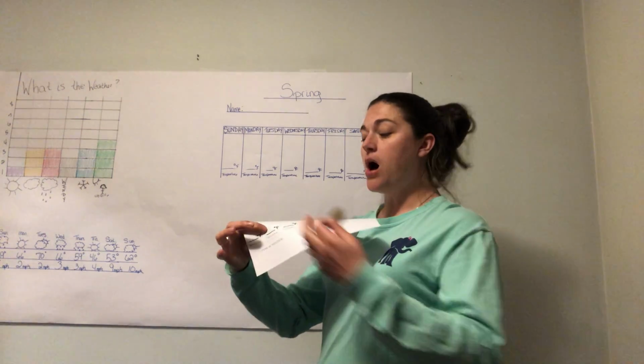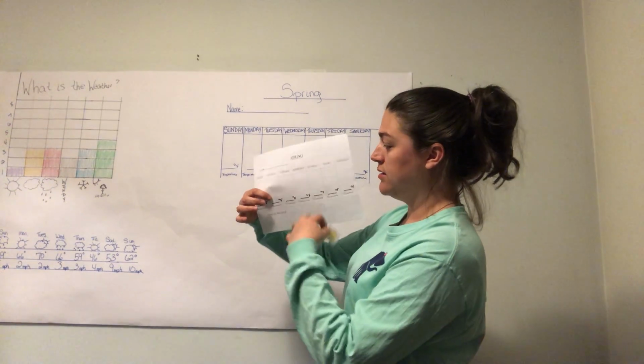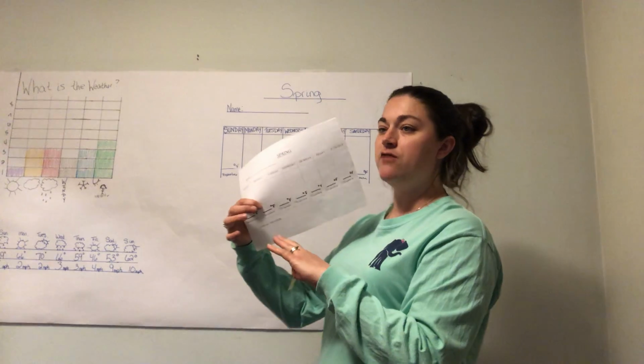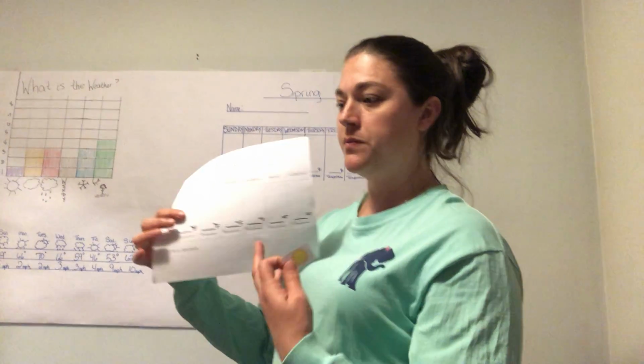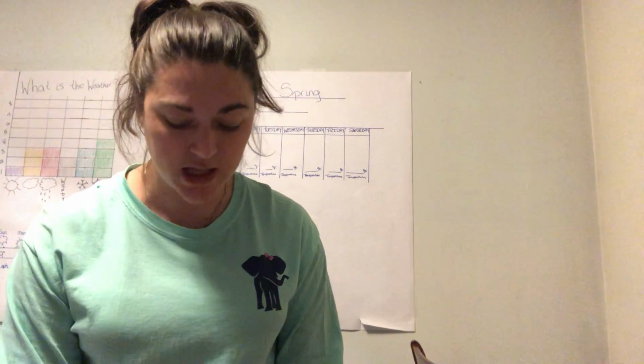And then on the bottom, underneath your weather chart, you're going to give me words that describe typical spring weather that we have already talked about. Go ahead and fill those out while you all are finishing those up.